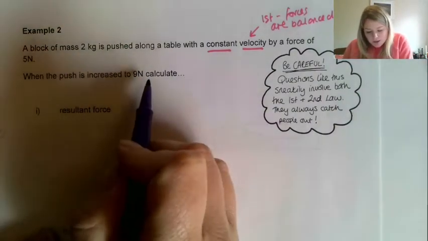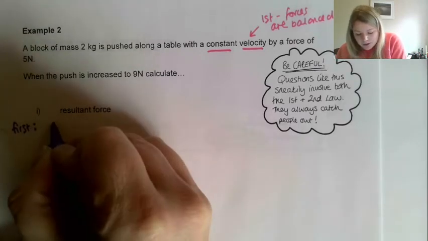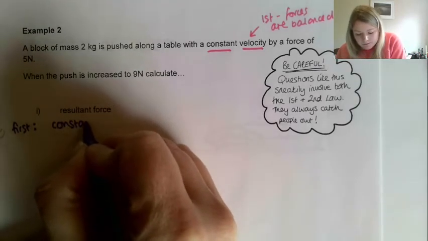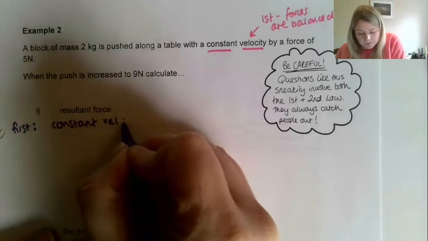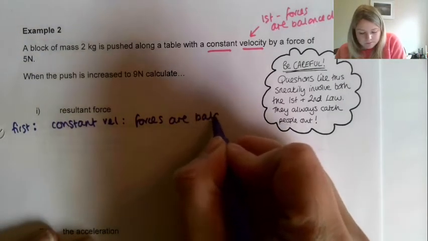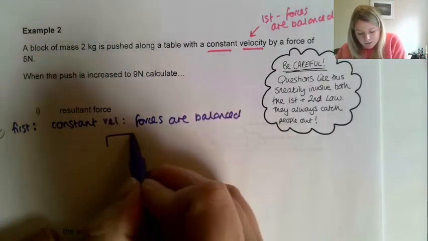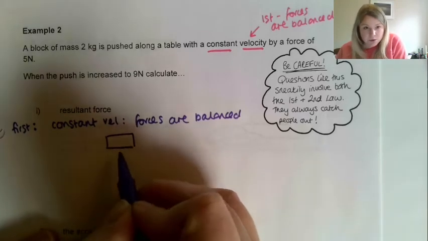When it's pushed to 9 newtons, let me say, I'm going to go first here. The constant velocity means the forces are balanced. Now, what is this? Just a block. If we're pushing a block along a table, there's going to be friction.